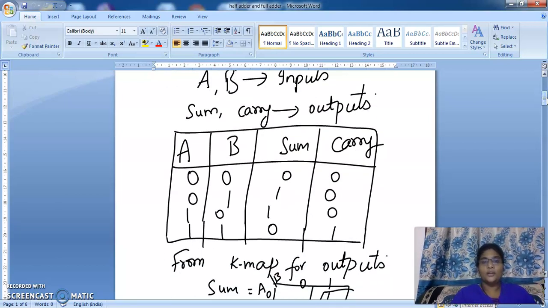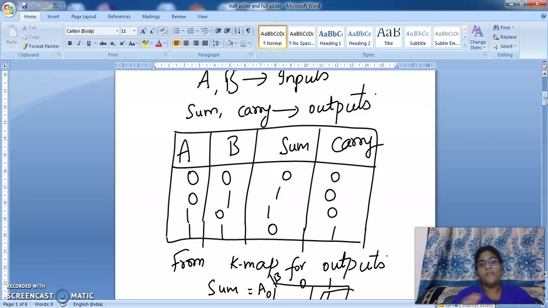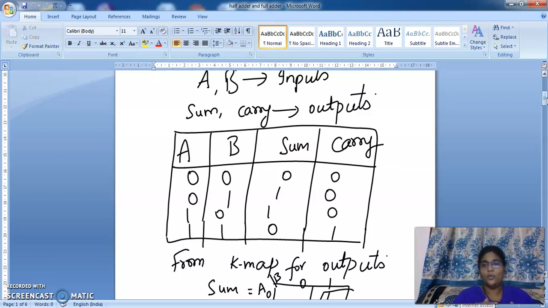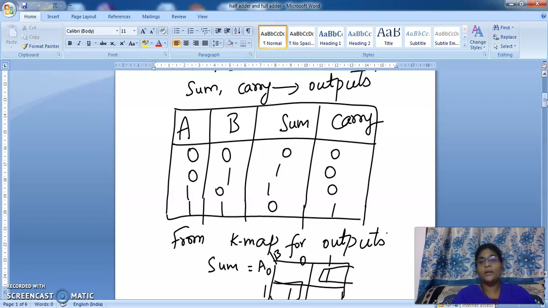We all know that 0 plus 0 gives sum 0 and carry 0. If we add 0 plus 1, sum is 1 and carry is 0. If we add 1 plus 0, that is sum 1 and carry 0. Whenever we add two ones, we get sum 0 and carry 1. Clear? From this truth table, we are going to construct the K-map for both the outputs, sum and carry.